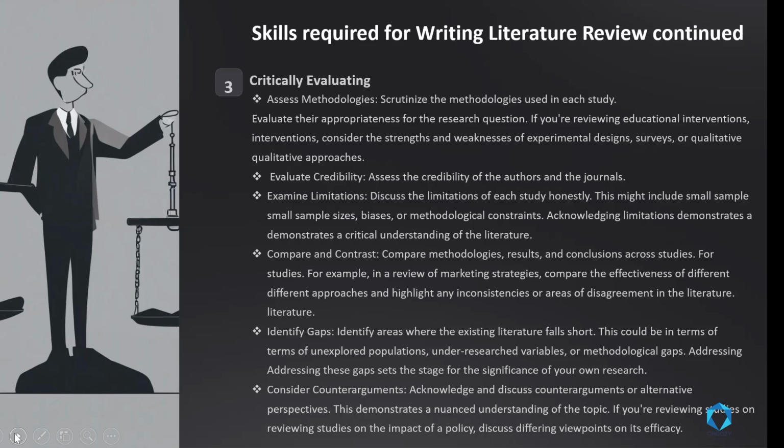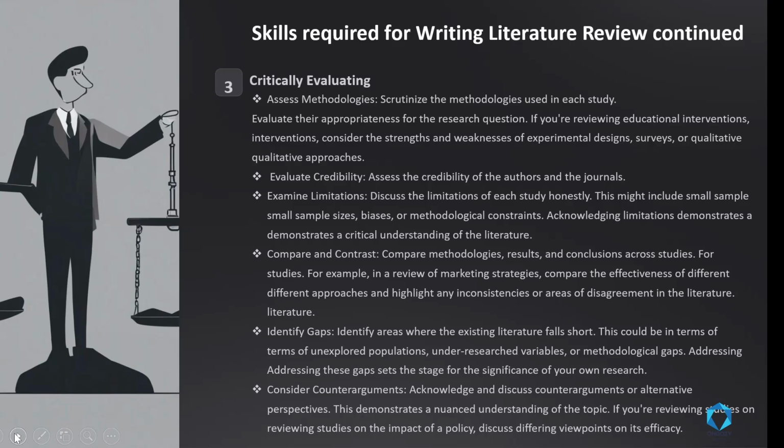Then evaluate credibility. Whose credibility? The credibility of the author, the credibility of the journals. Examine the limitations. Discuss limitations of each study honestly. Maybe it could be the sample size. It could be biases.